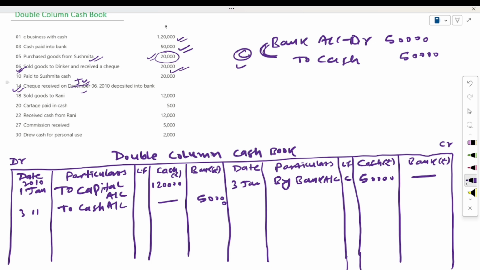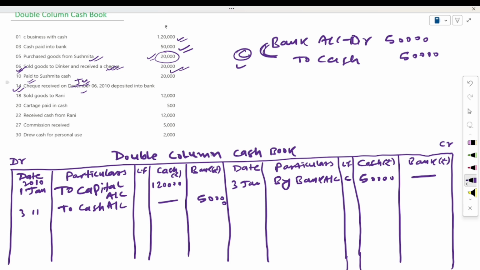Now what would happen here? On this date, 6th Jan, we will not make any entry. We will make the entry on 14th Jan. So before 14th Jan, we will have to make this entry: paid to Sushmita cash rupees 20,000.